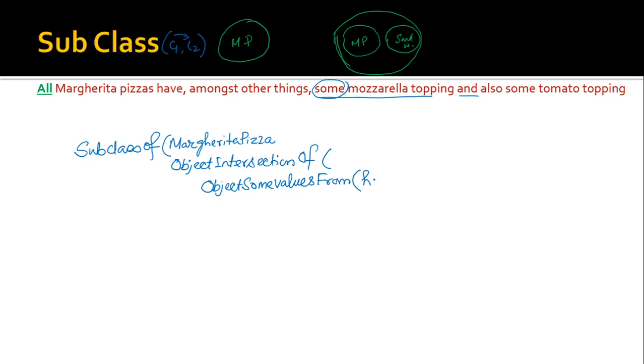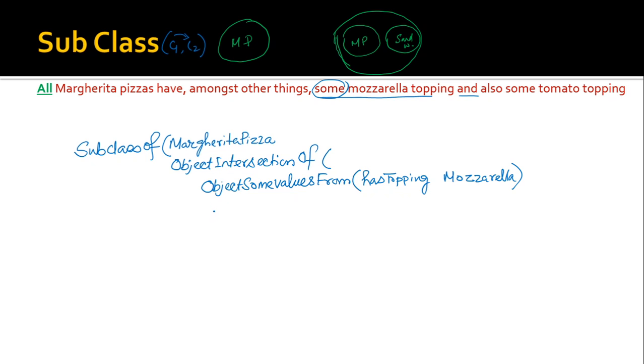It will contain again the property on which we are imposing the restriction, hasTopping, and the value would be mozzarella, right? And what is the other class?